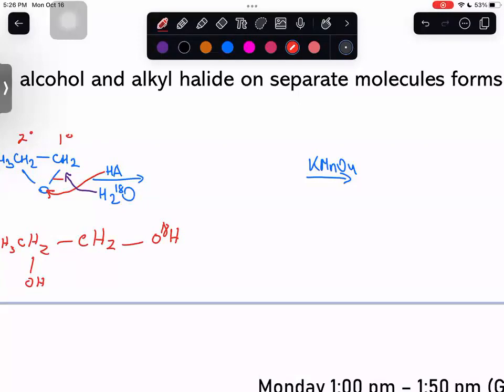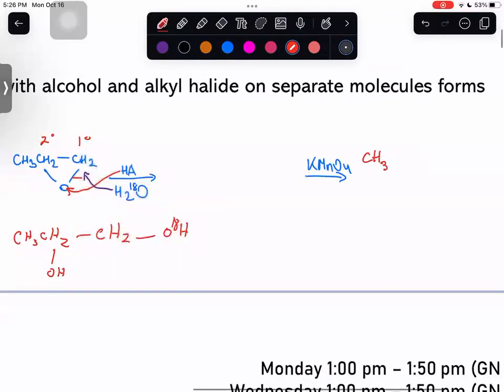So that means that the oxidizing agent is going to attack every single alcohol group. Look at the degrees of the alcohol groups. That's very important.